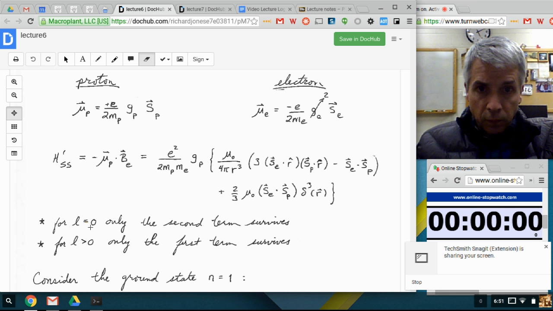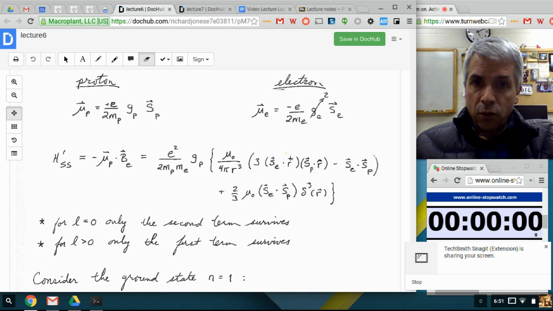Well, it turns out that for the L equals 0 term, the wave function is completely isotropic. Think of it as a Y_LM, a spherical harmonic whose magnitude is simply 1 over square root of 4 pi and doesn't have any angular dependence on theta or phi. Now, in that case, you simply are going to do this integral.